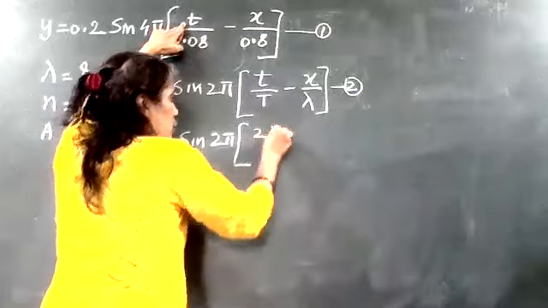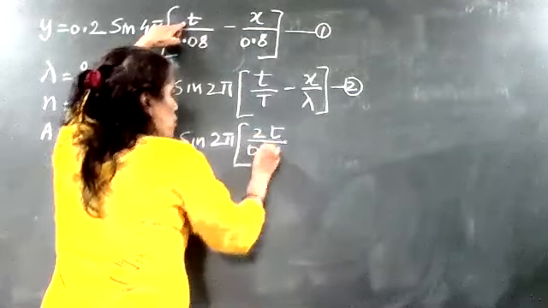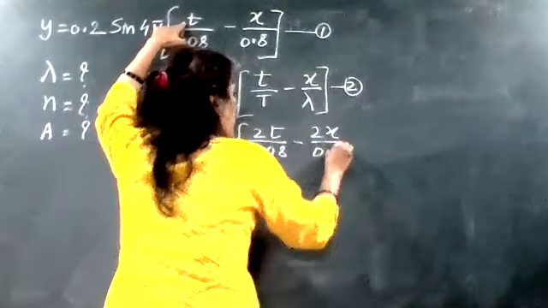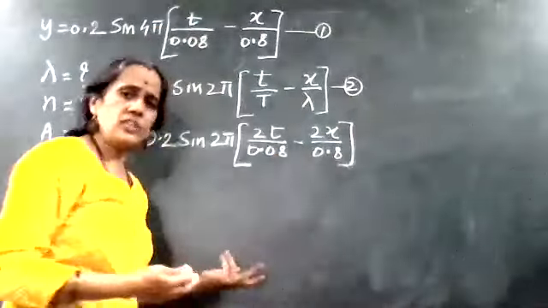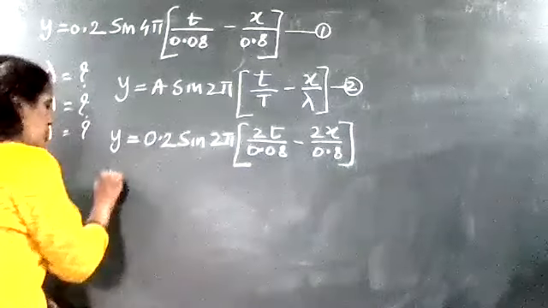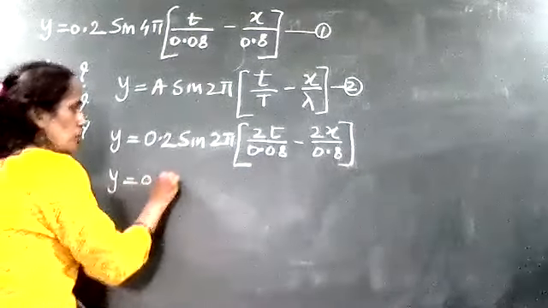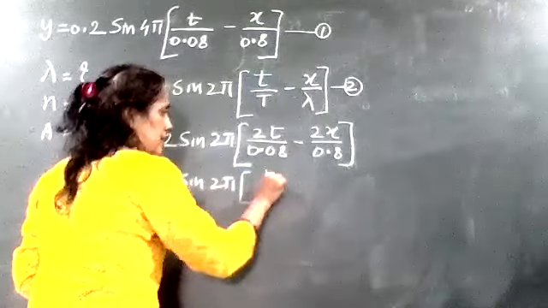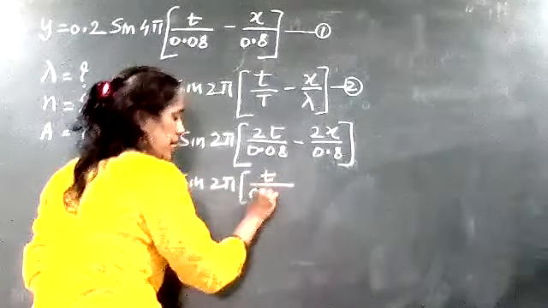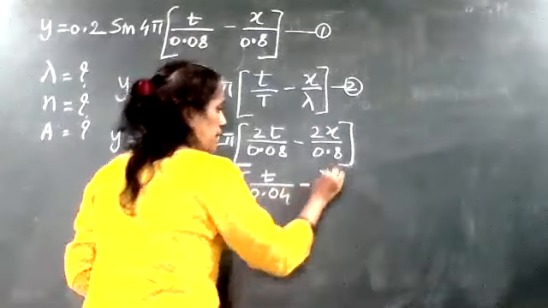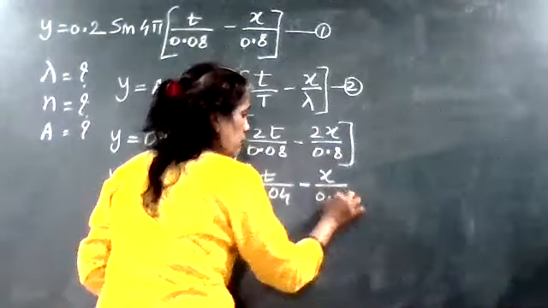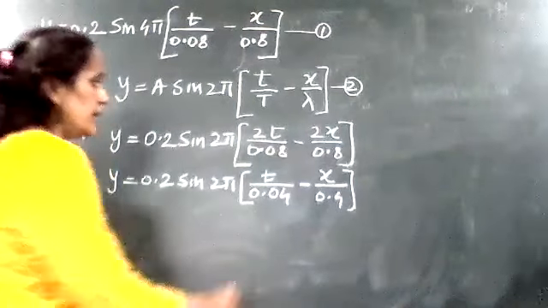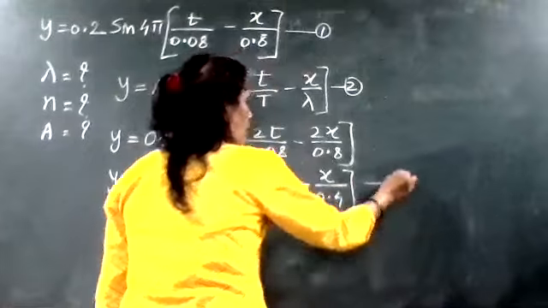So I get 2t upon 0.08 minus 2x upon 0.8. The equation remains the same, so my equation becomes y is equal to 0.2 sine of 2 pi in bracket small t divided by 0.04 minus x upon 0.4. Get it? Now this is my standard form of the equation.